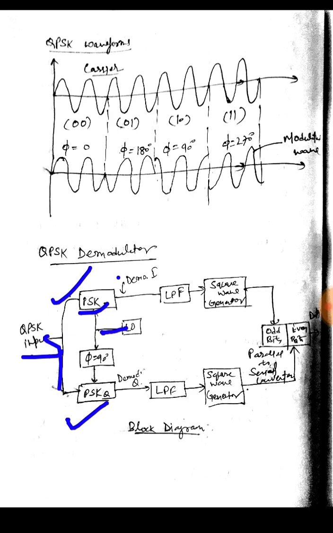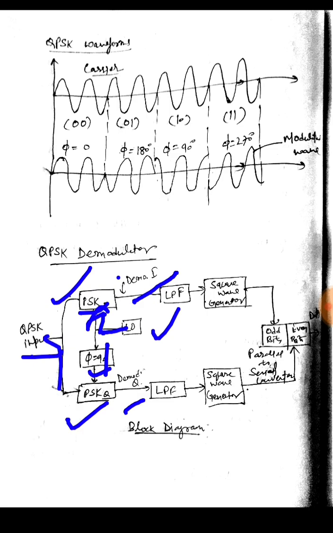In this we would feed the local frequency using this local oscillator in the original form, and in this we would feed the 90-degree phase shifted version of the carrier signal. So here we get the demodulated version I and there the demodulated bit Q information.